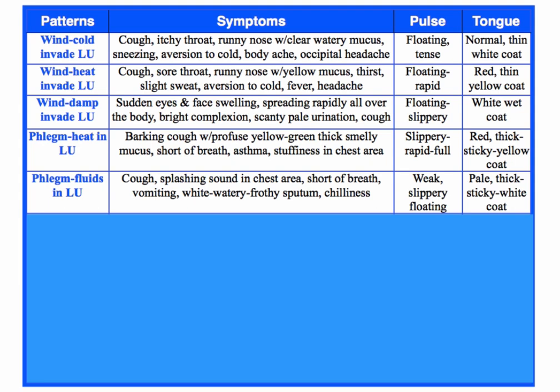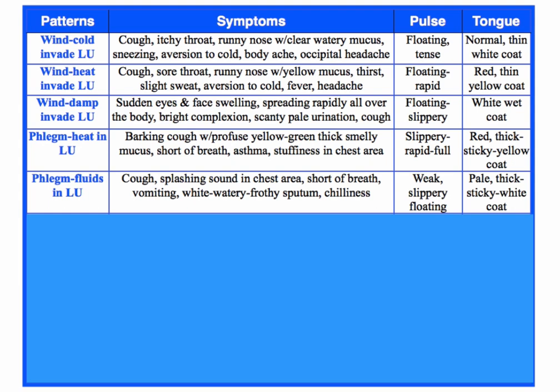Now, if it was more acute, the pulse might be a bit more floating, specifically in the lung area. Okay, phlegm fluids in the lung. So this is usually someone that could be acute or chronic. If it was acute, the pulse would be much more floating.